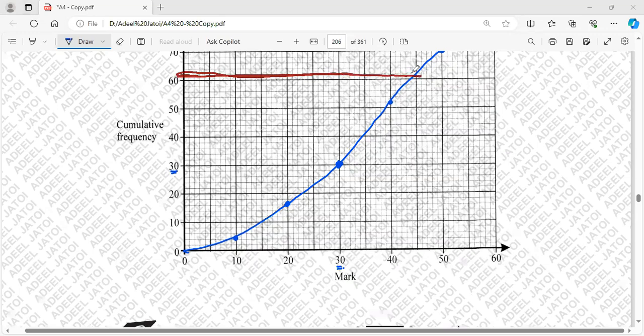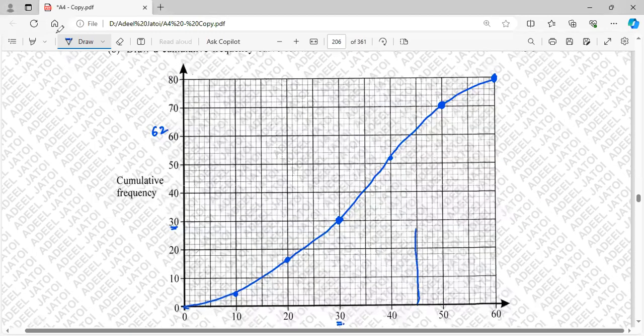So that means, how many students are there who scored less than 45? How many students scored less than? Because if you just draw the line, let's just draw the line so that the concept is a bit more clear. Let's just draw from 45. Let's just extend the line. If you see, I extended the line here.